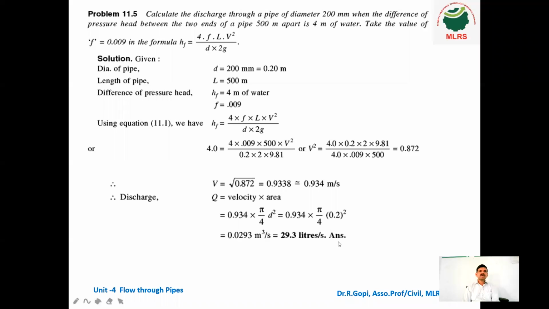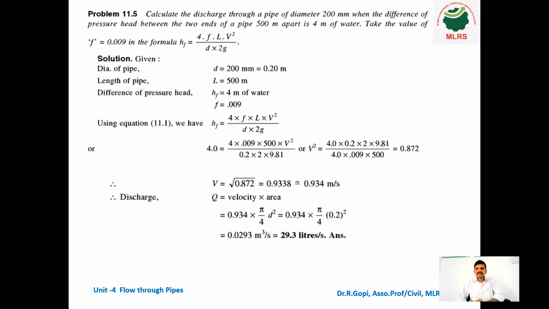So students, here you can see one thing. In this problem, f is given. What they are asking is to calculate the discharge. What is the discharge formula?